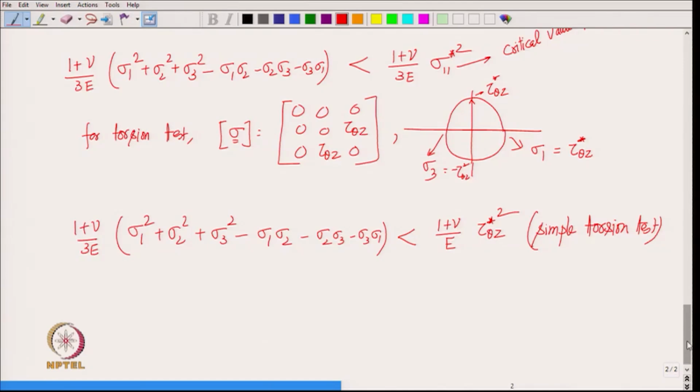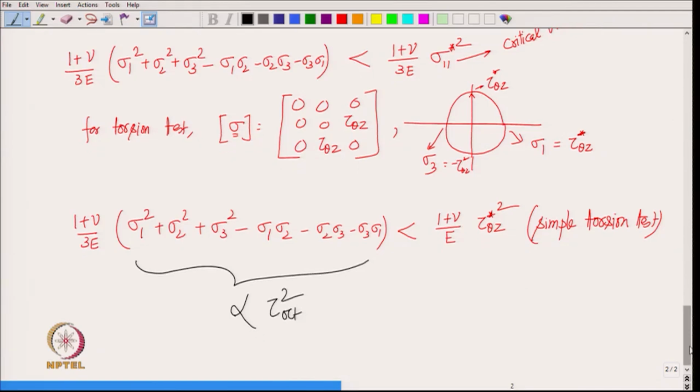Finally, notice that this expression within the bracket, is it not a square of octahedral shear stress, right? So, this is actually proportional to tau octahedral square, and there is some factor also.